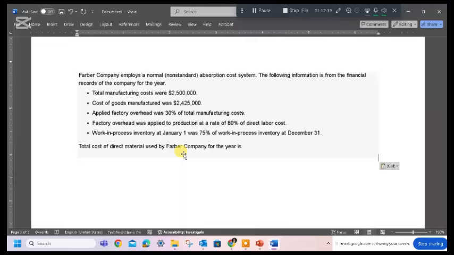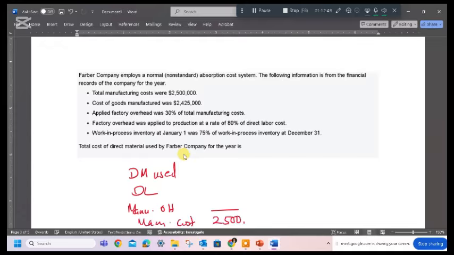Factory overhead was applied to production at a rate of 80% of direct labor cost. Work in progress inventory is this. I'm clueless. Let's see. Total manufacturing cost is given, right? What's the formula for total manufacturing cost? Material used plus labor plus manufacturing overhead is manufacturing cost. 2.5 million.